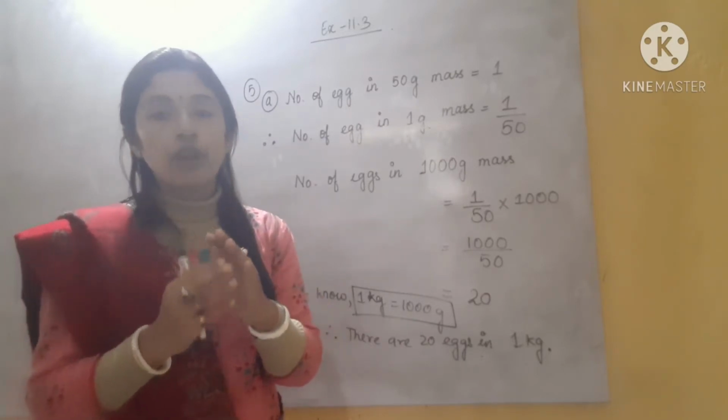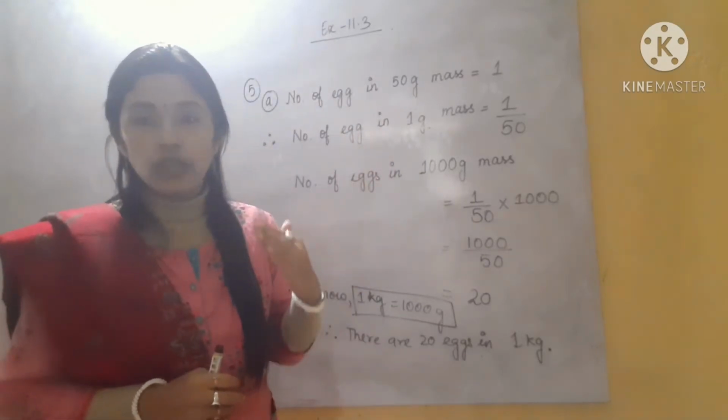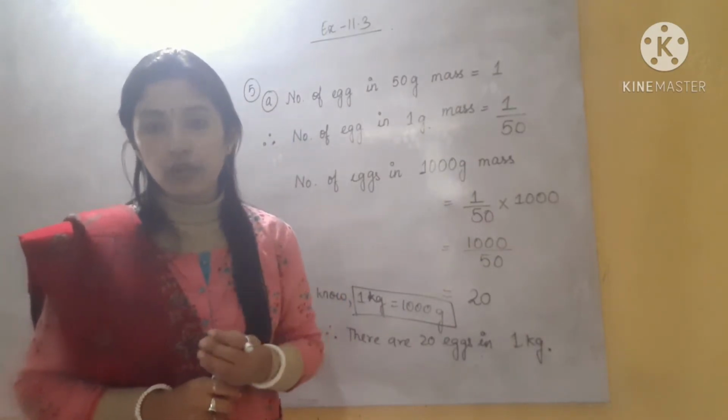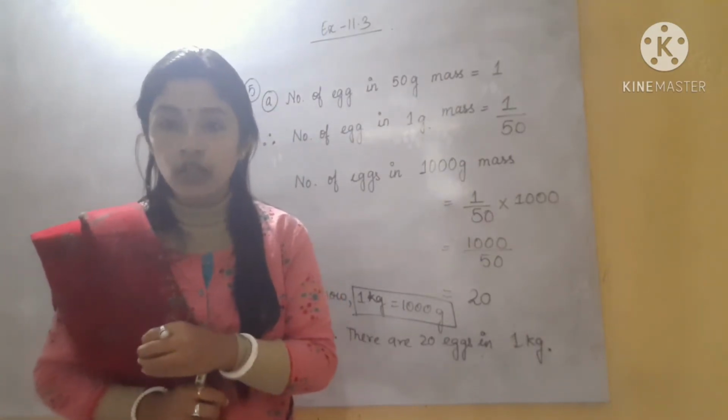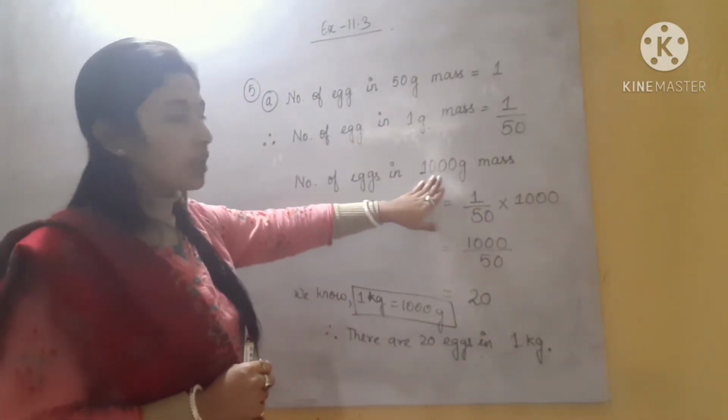For going from kg to gram, we have to come 3 steps down, that means we multiply by 3 tens, that is 1000.